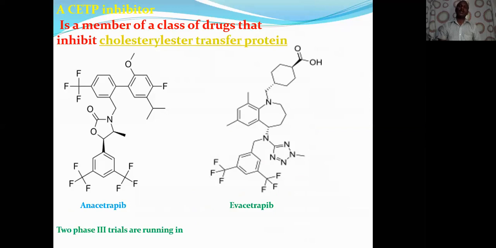These are the drugs we can use for managing hyperlipidemia or hyperlipoproteinemia. With this class we finish this topic. Next we go to some other topic.